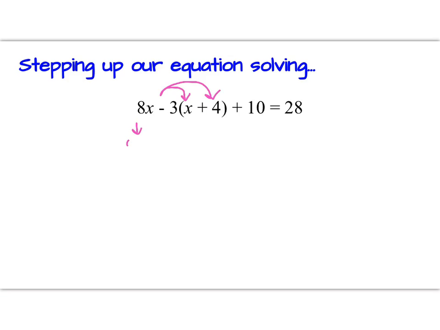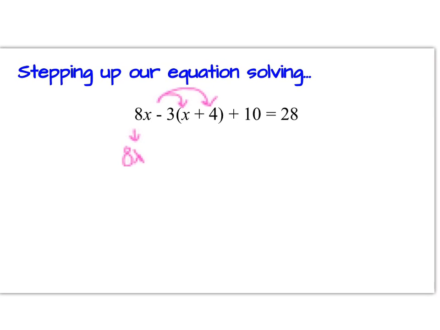So I'm going to bring down the 8x since I'm not using that right now. I'm going to distribute negative 3 to x is negative 3x, and then negative 3 times positive 4 is a negative 12.